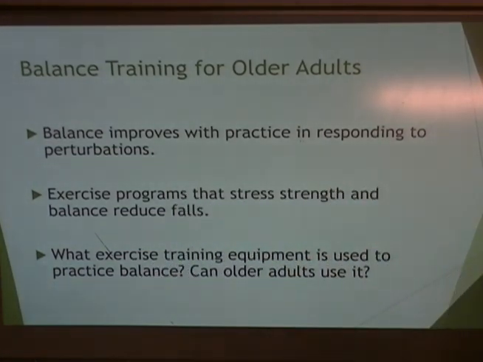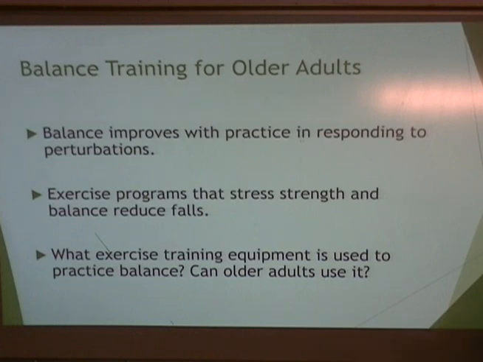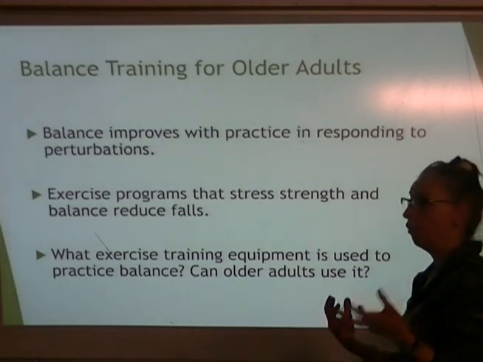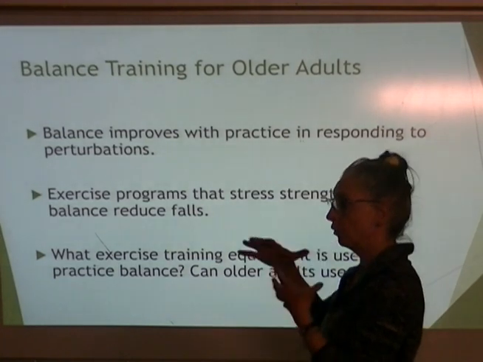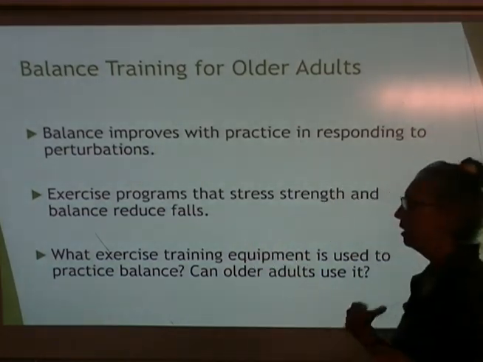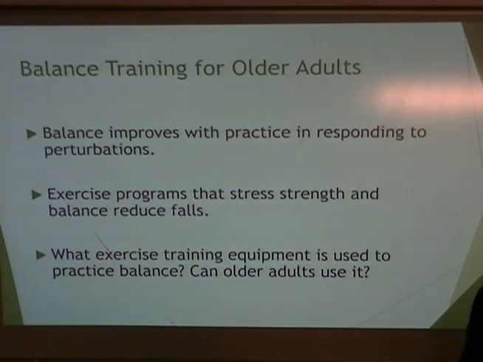So we want to encourage programs that build stronger legs in particular and help them learn how to maintain their balance, because those are shown in the literature to reduce fall rate, right?